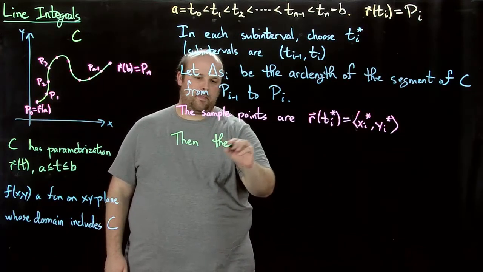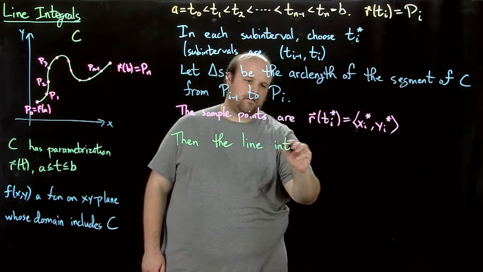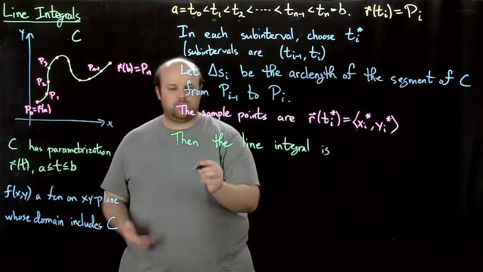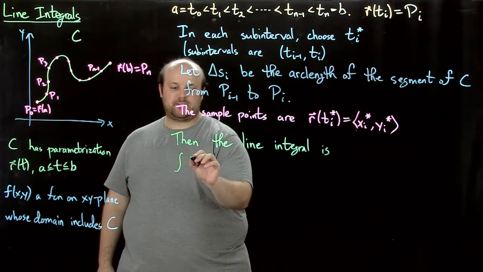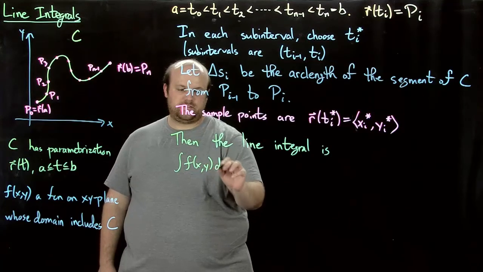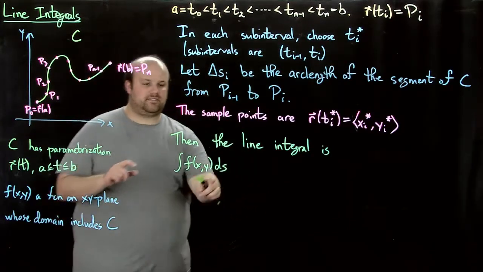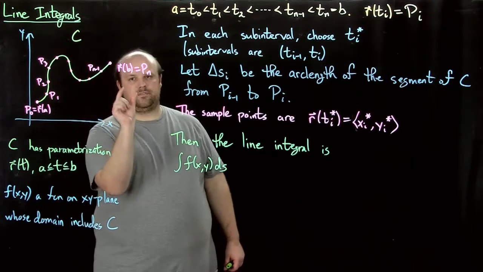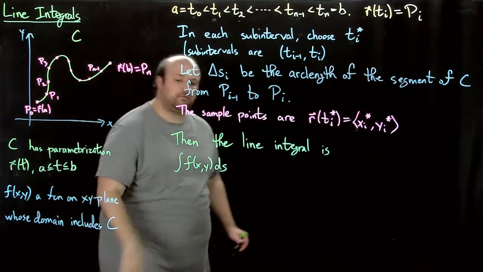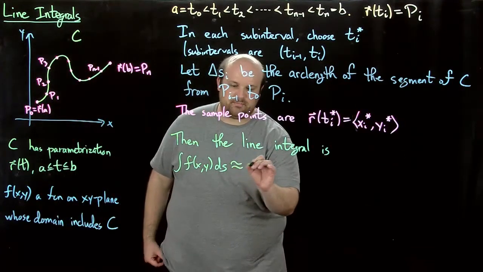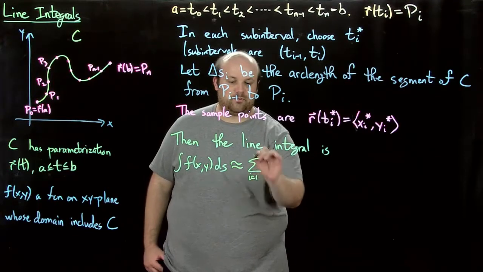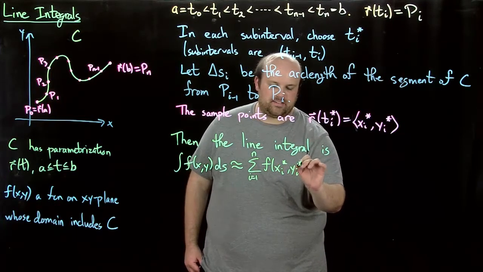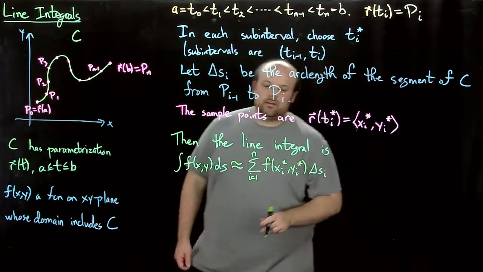So then the line integral is, well, we write integral f of xy ds. So that little s there, this d s, that's the arc length infinitesimal there. Right? So this is approximately given by the sum from i equals 1 to n of f of xi star, yi star, delta si, right?